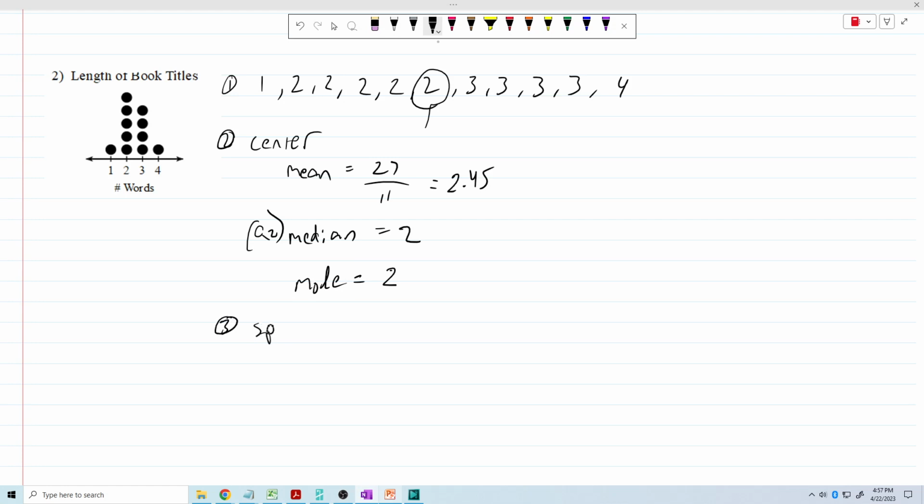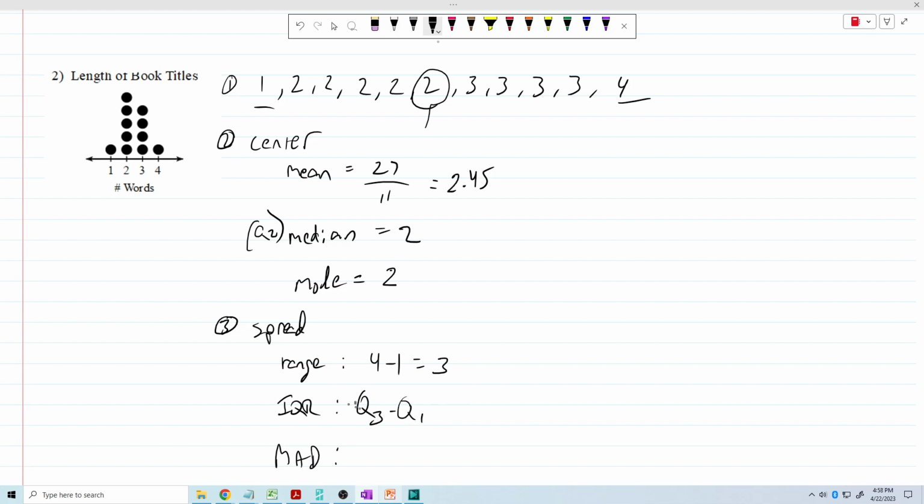Now let's do spread. We'll do range. 4 is the maximum number, 1 is the minimum. 4 minus 1 equals 3. Well, that's the range, guys. Let's see. What was the interquartile? That's right, interquartile range. And then I'll do mean absolute deviation in a separate video. So interquartile, we know it's Q3 minus Q1.